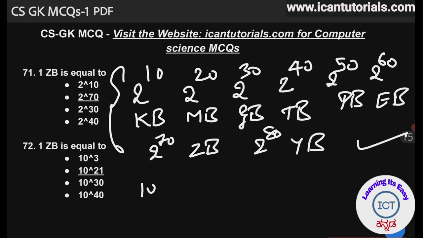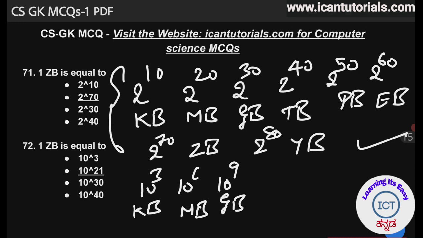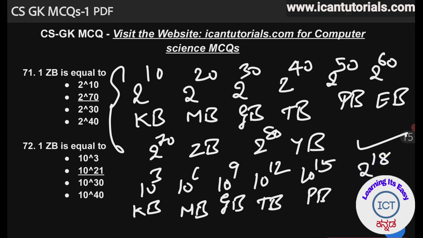So in this case 10 to power of 3 means kilobyte. 10 to power of 6 means megabyte. 10 to power of 9 means gigabyte. 10 to power of 12 means terabyte. 10 to power of 15 means petabyte. 10 to power of 18 means exabyte.